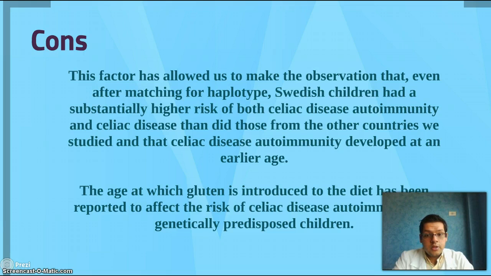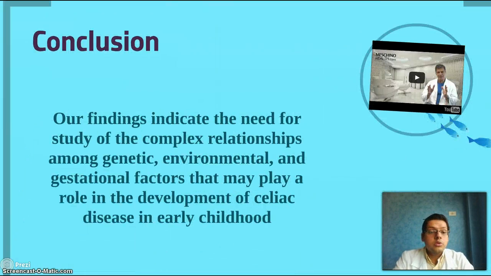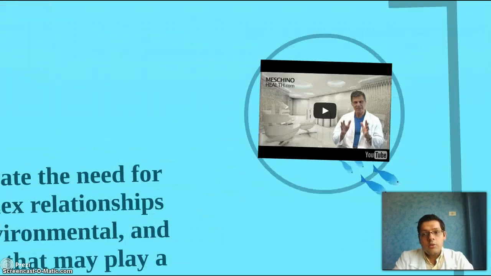The age at which gluten is introduced into the diet has been reported to affect the risk of celiac disease autoimmunity in genetically predisposed children. So in conclusion, our findings indicate the need for a study of the complex relationship among genetic, environmental, and gestational factors that may play a role in the development of celiac disease in early childhood.